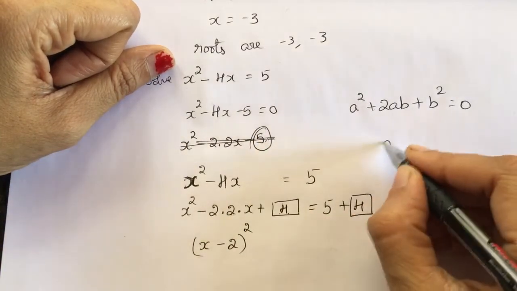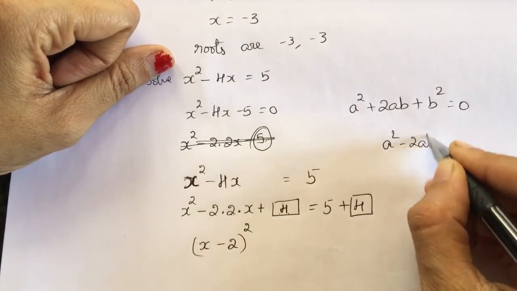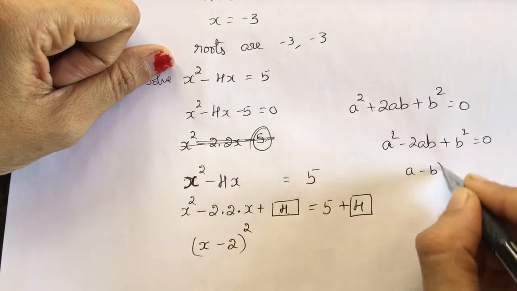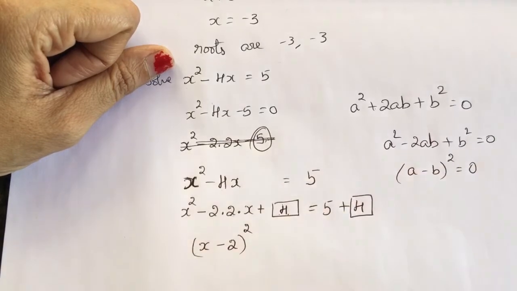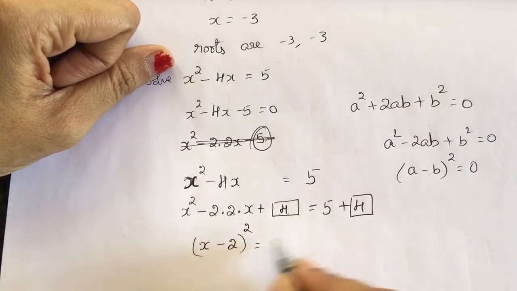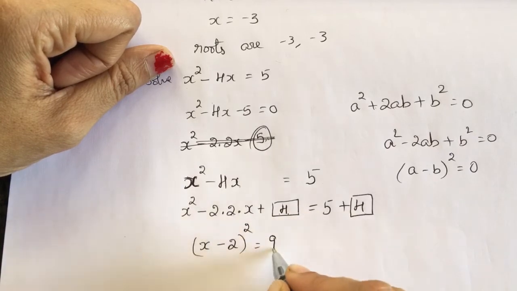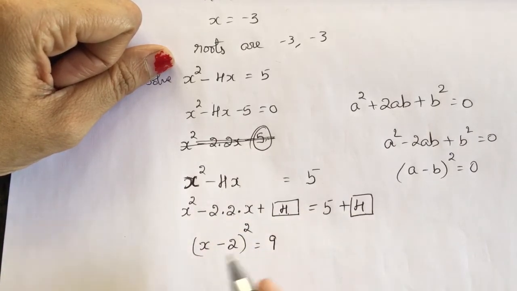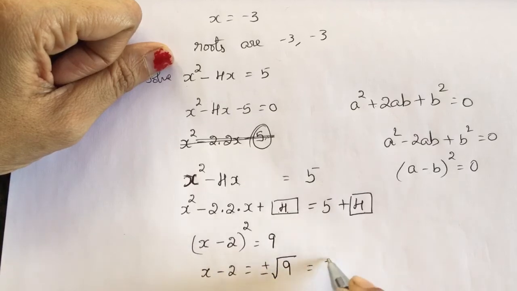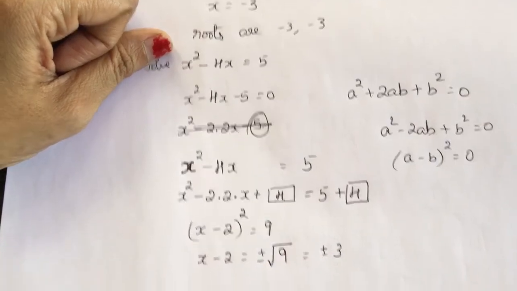a square minus 2ab plus b square equals a minus b whole square. Same thing I'm applying here, and keep the right hand side as it is. 5 plus 4 is 9. Now you take the square root of 9, plus or minus square root of 9. It's plus or minus 3.